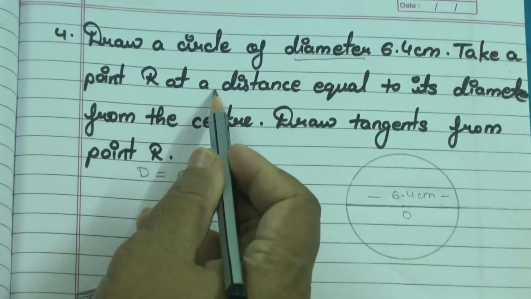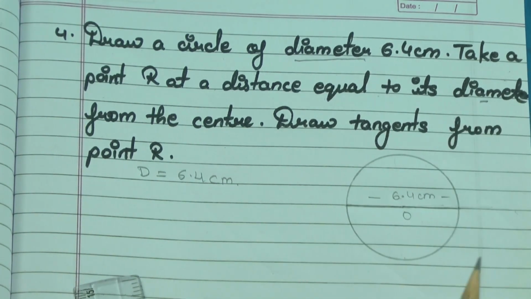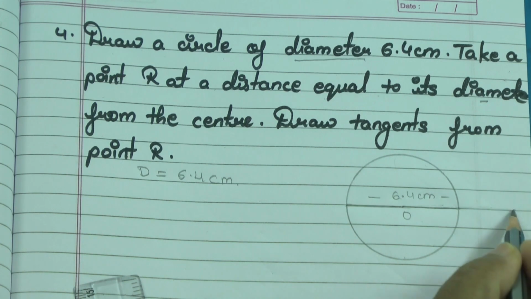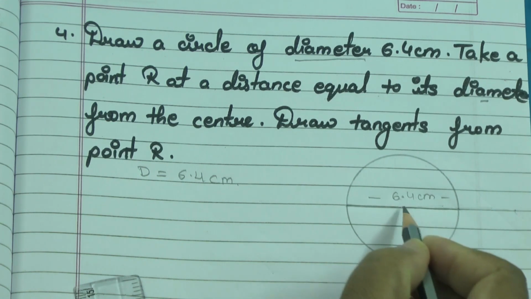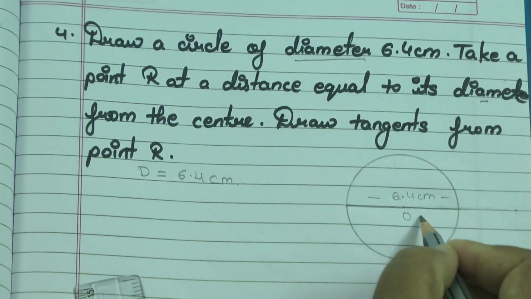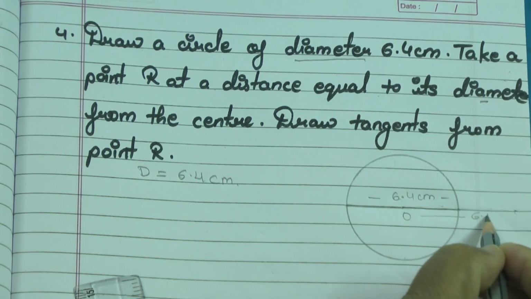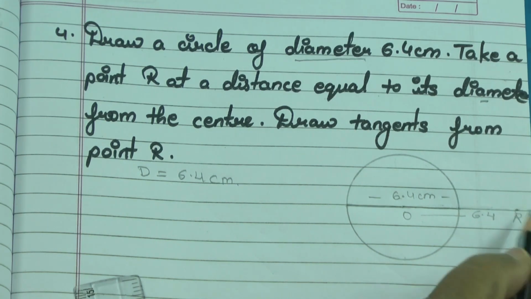Take a point R at a distance which is equal to its diameter. So we have to take one point R, and how much should be the distance? The distance will be 6.4 from the center. So from the center we have to measure once again 6.4 and take a point R. Suppose I have taken here a point R.